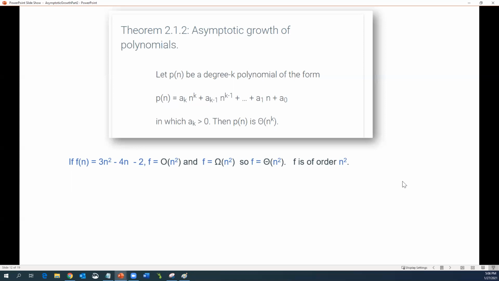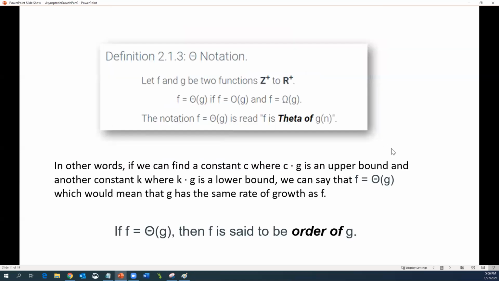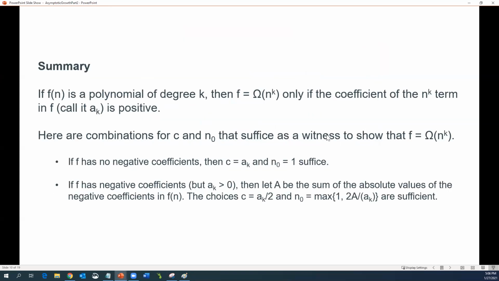Yeah, it does. In fact, let me go back here. We actually said this: a polynomial of degree k is always going to be omega of n to the k, as long as that first term is positive. Okay. I apologize, I missed that one. No, that's okay.